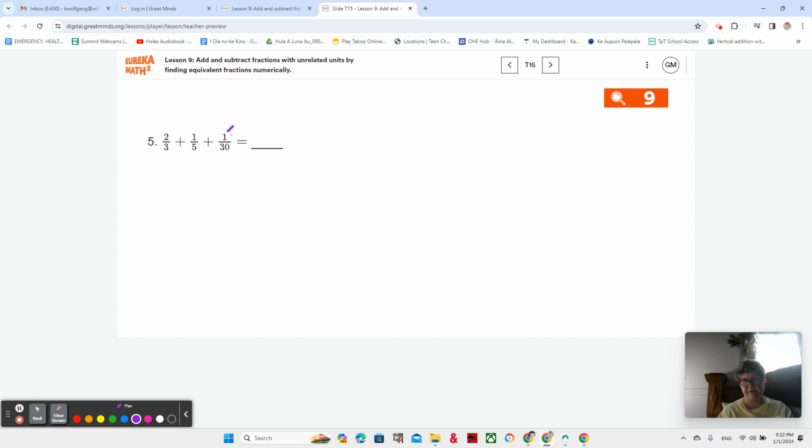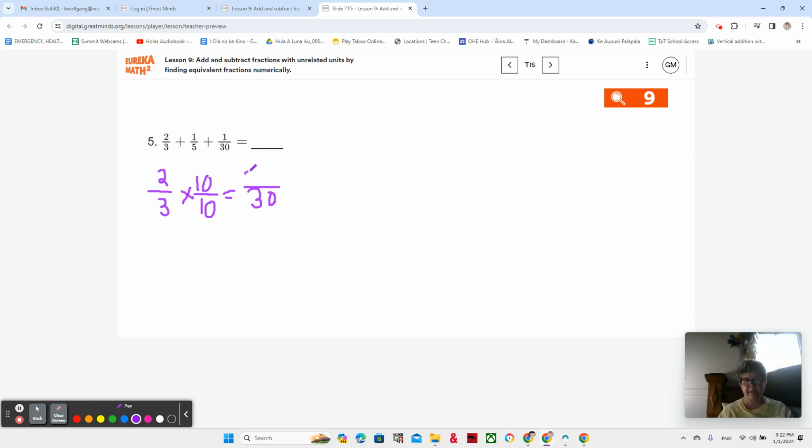Could I change my 30ths to 15ths? I could divide it in half. Oh, but I can't divide 1 in half. So I think I have to change them all to 30ths. 2/3 times what equals 30ths? 10, yeah.